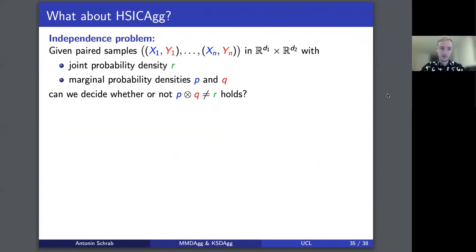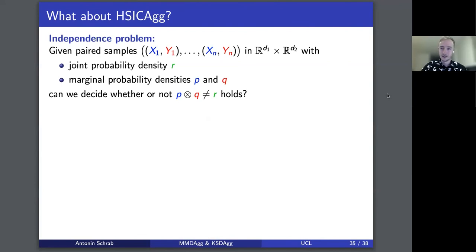Just one more slide: what about the HSIC AG? In the independence problem, we're given pairs of samples, a pair X1, Y1 all the way to a pair Xn, Yn in R^d1 times R^d2, coming from some joint probability density R, with marginal densities P and Q. The question is whether the product of the marginals is equal to the joint probability or not.